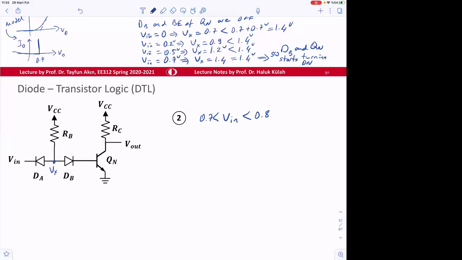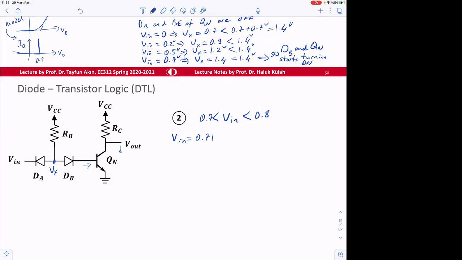If Vin is 0.71, there's going to be current here, and then this current will start dropping here.